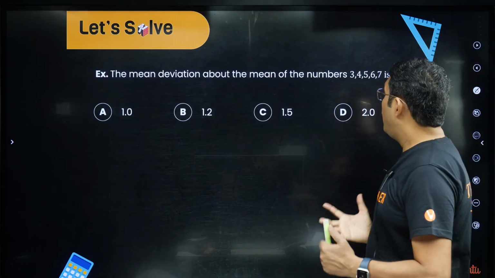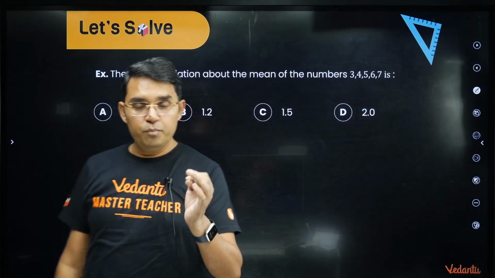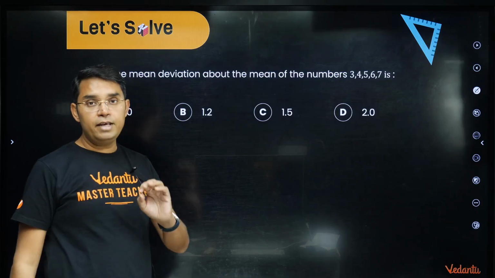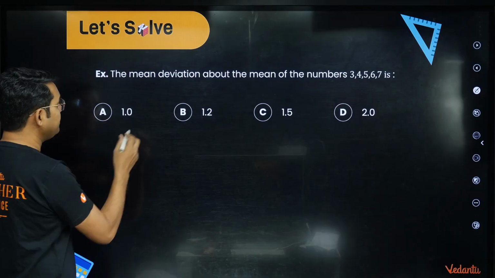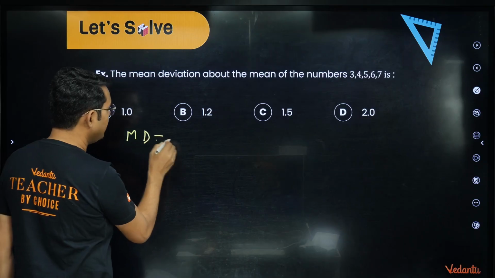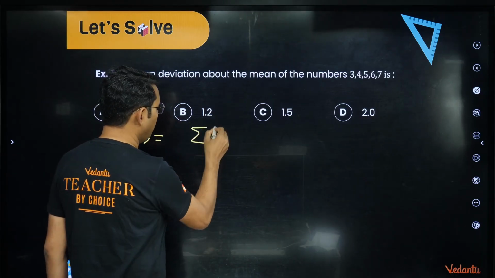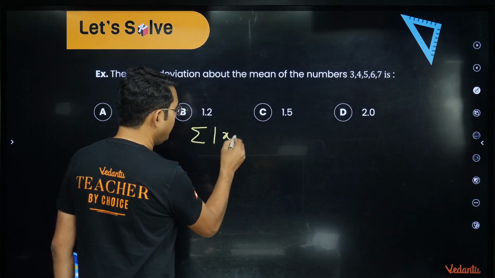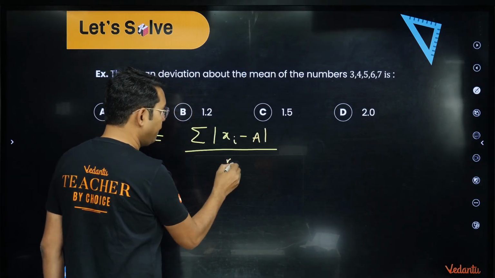Mean deviation about mean of the numbers. Dear students, I would like to tell you first the formula of mean deviation, and then I will give you one important result to remember. Number one, whenever you are finding mean deviation of a data about any number a, it will be summation of mod xi minus a divided by n.